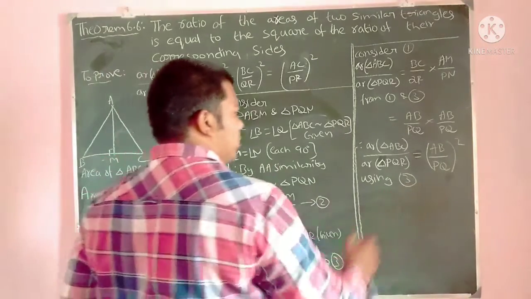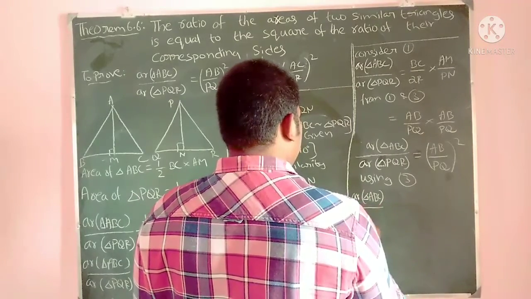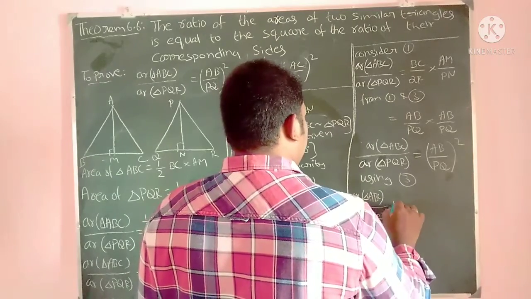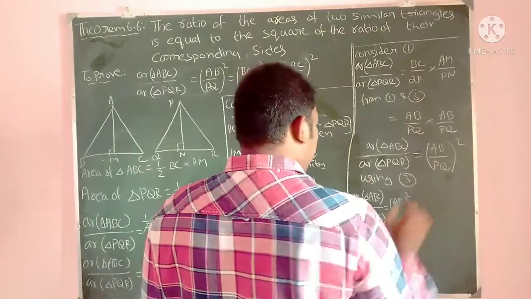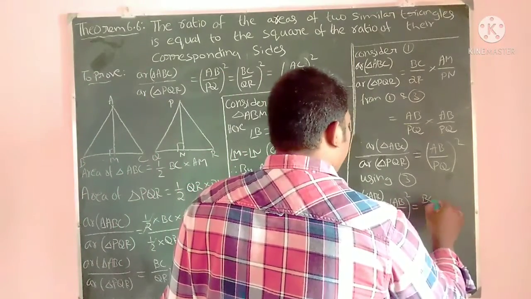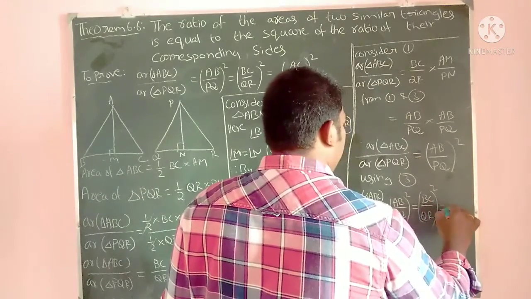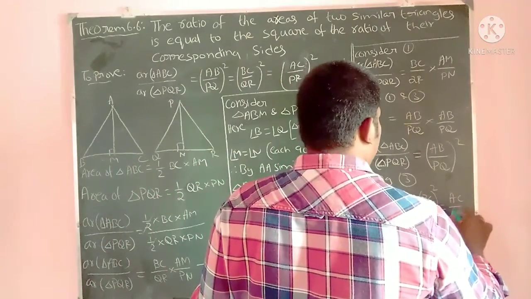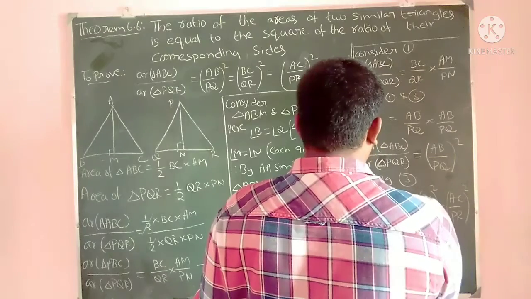So by this we can write area of triangle ABC by area of triangle PQR equals AB by PQ whole square equals, AB by PQ we can write again as BC by QR, so BC by QR whole square equals, BC by QR again we can write as AC by PR, so AC by PR whole square.